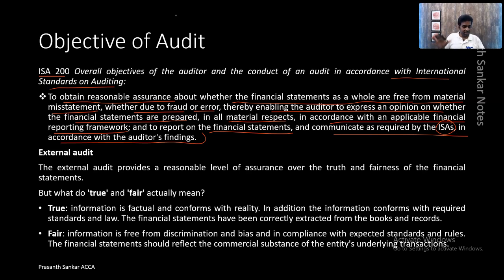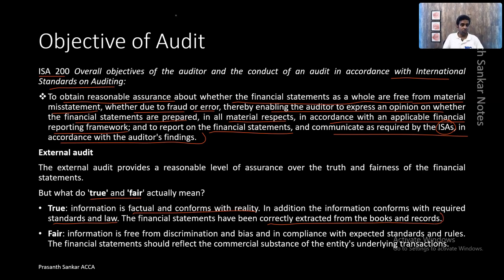Now, when the auditor expresses an opinion, if the financial statements are free from material misstatement, it means that they are true and fair. But what does true and fair mean? True means it is factual and conforms with reality. The information conforms with the required standards and law. The financial statements have been correctly extracted from the books and records.